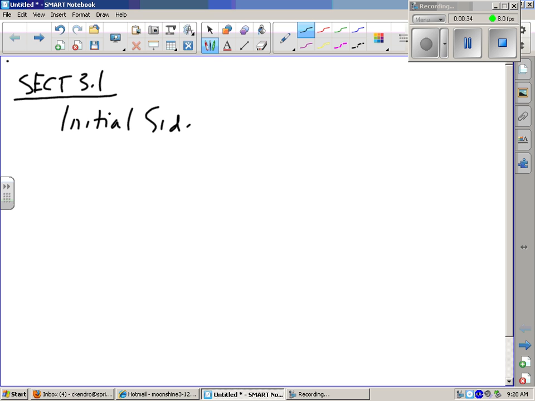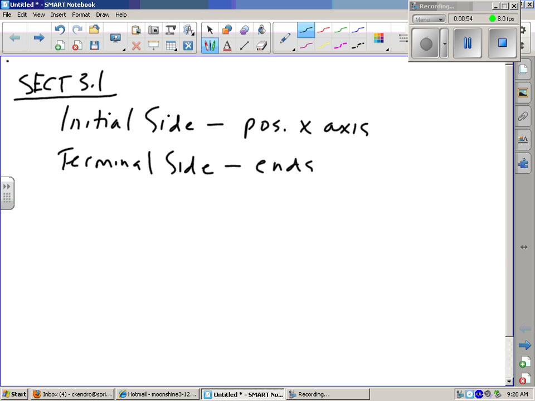When we talk about an angle, it has an initial side and a terminal side. The initial side, for our purposes, is always going to be on the positive x-axis. The terminal side is just where the angle ends.